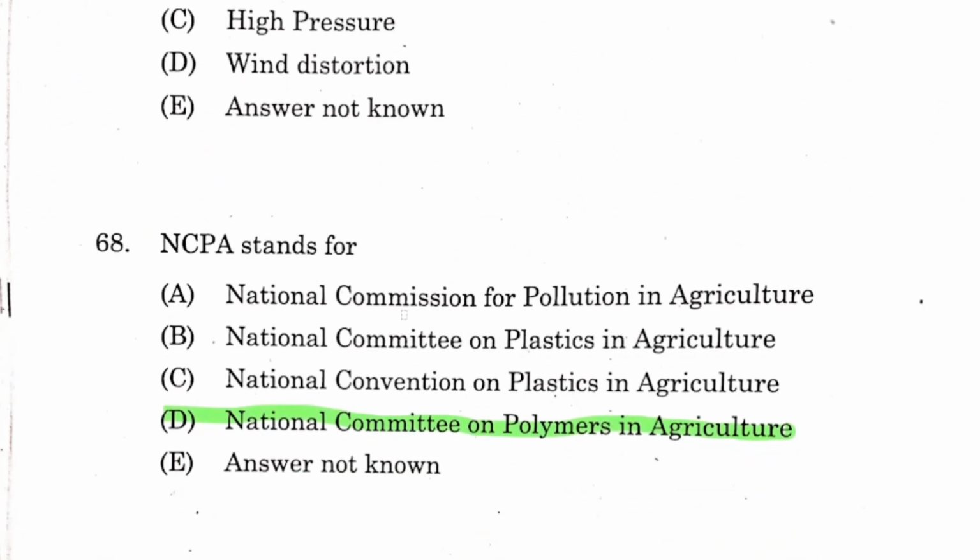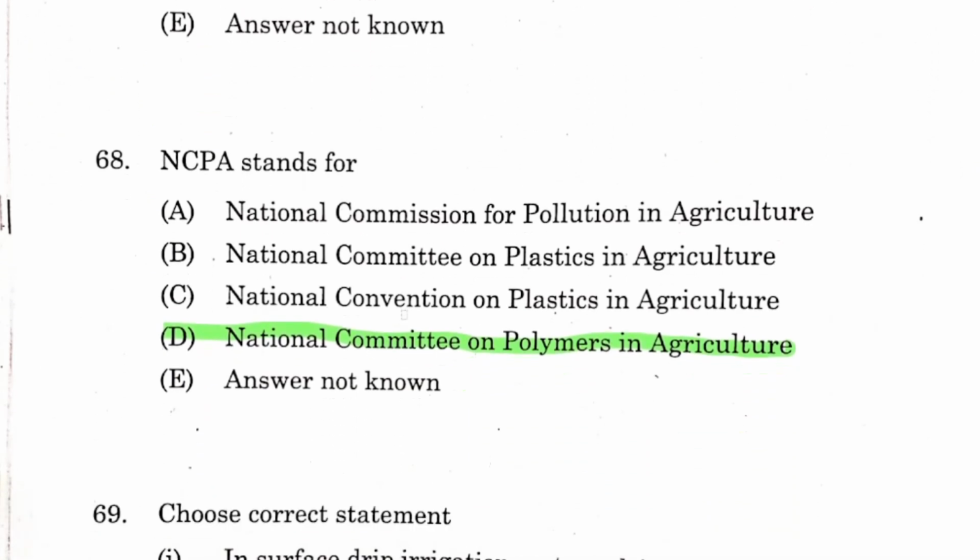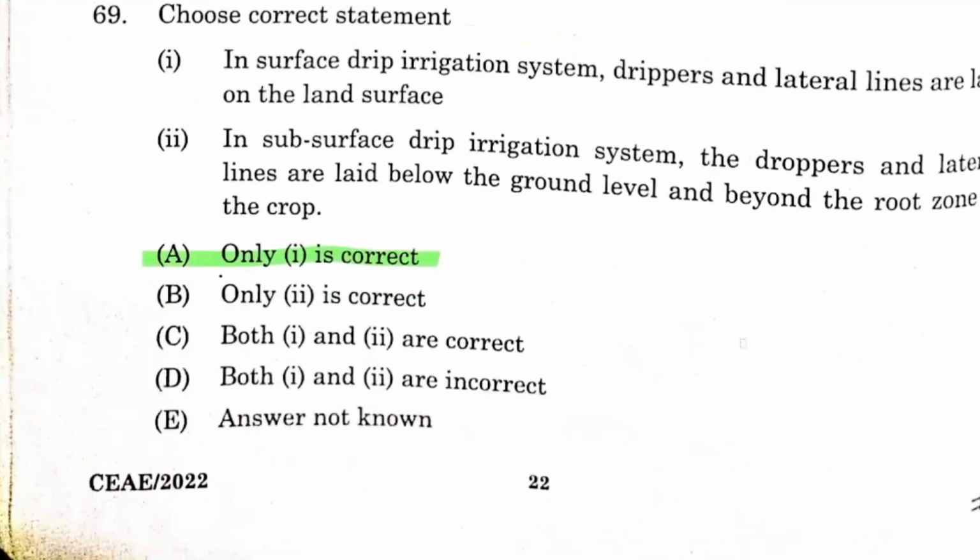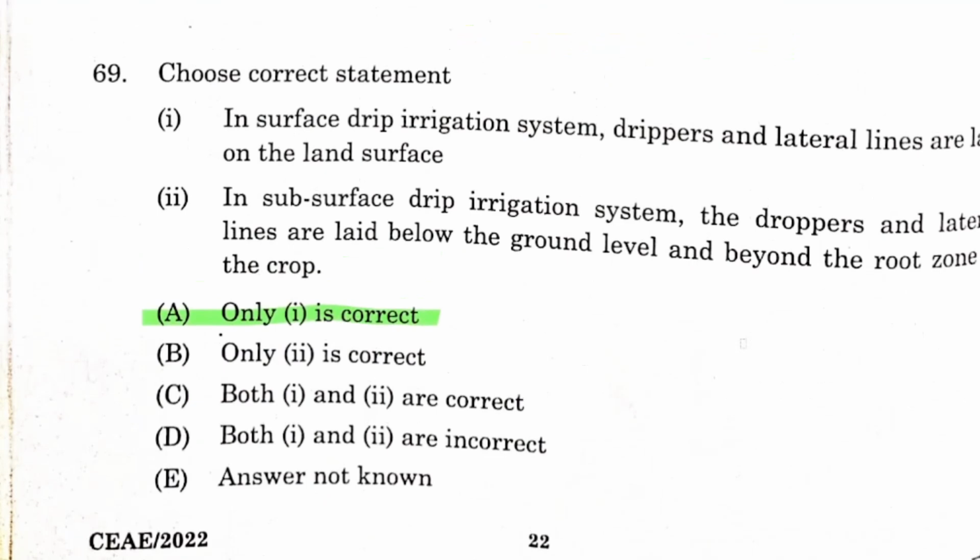Next one is question number 68. NCPA stands for National Committee on Polymers in Agriculture. Option D is correct here. Next, choose the correct statement. In a drip irrigation system, drippers and lateral lines are laid on the land surface, and that is absolutely true.